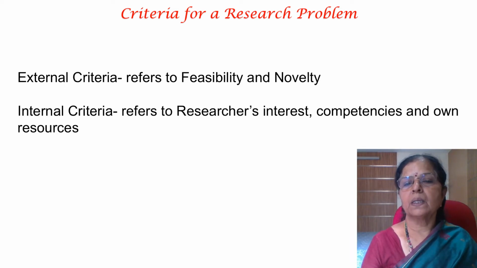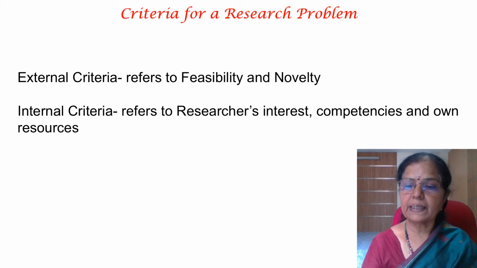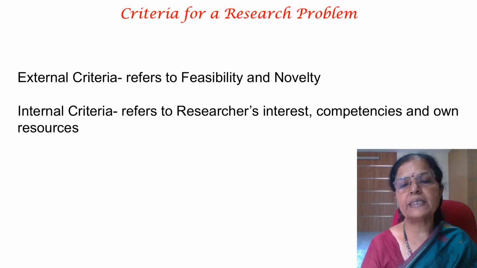When you are selecting a problem, it should be new, that is novelty, not done by anybody else. At the same time, it must be feasible for the researcher, time-wise and resources-wise. It should be feasible for you to undertake it. That is feasibility.